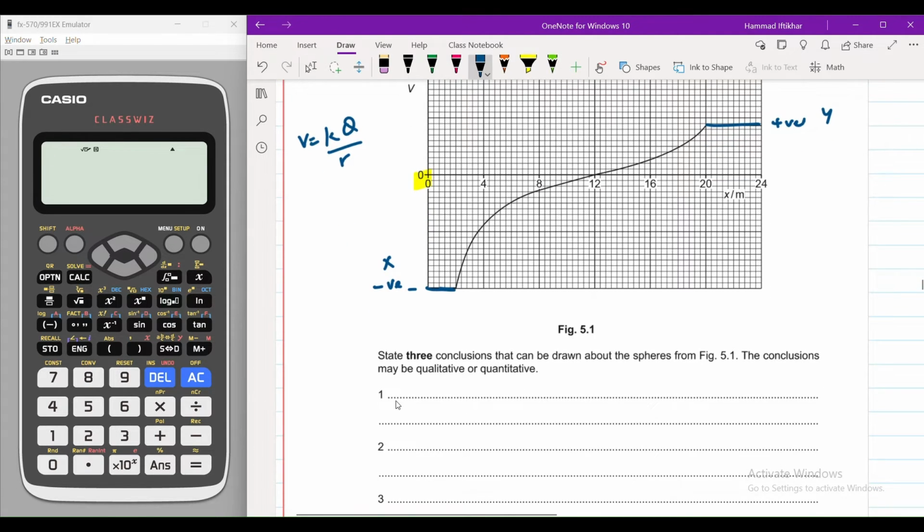So let's write down the observations so far. X is negatively charged, and Y is positively charged.